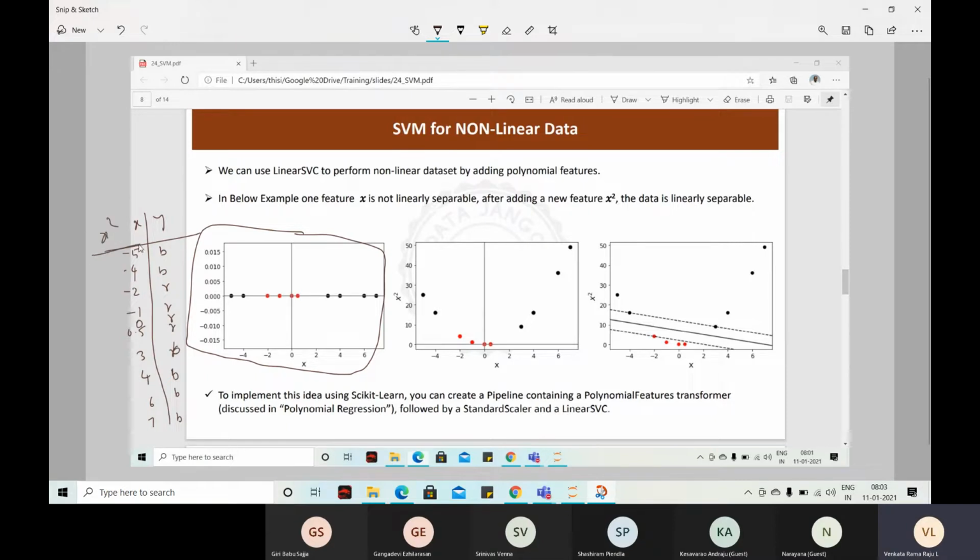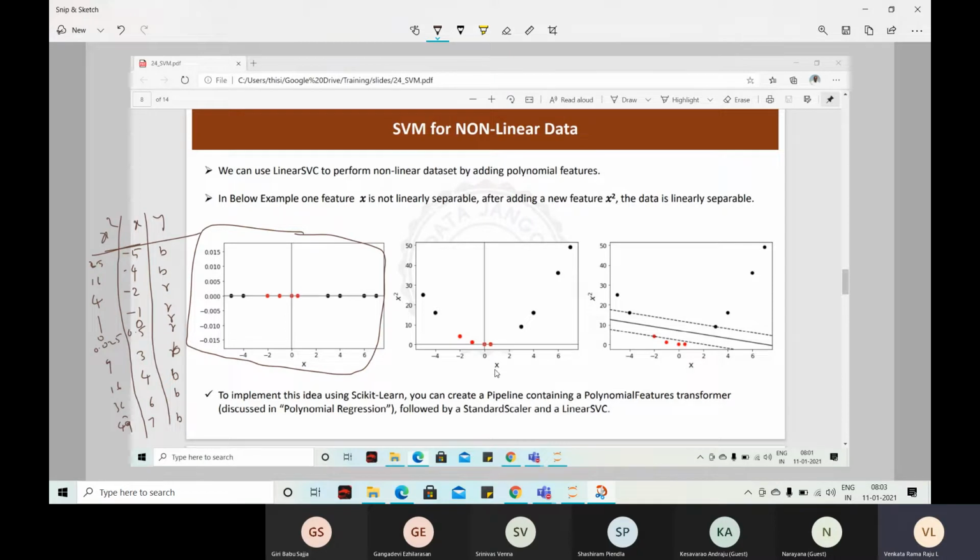What happens? This becomes 25. This becomes 16. 4, 1, 0.25, 9, 16, 36, 49. That's how the data set became.